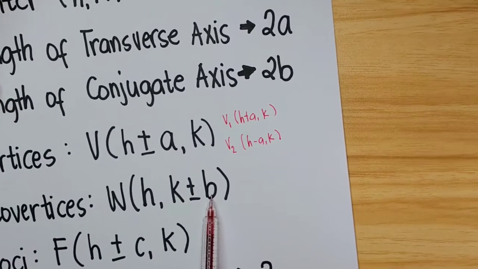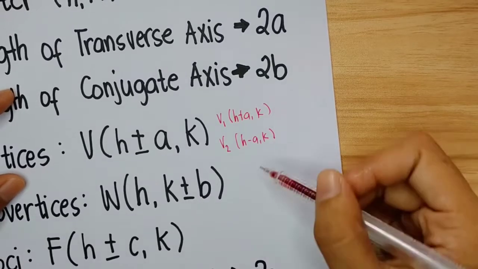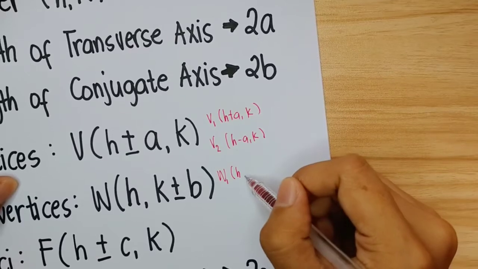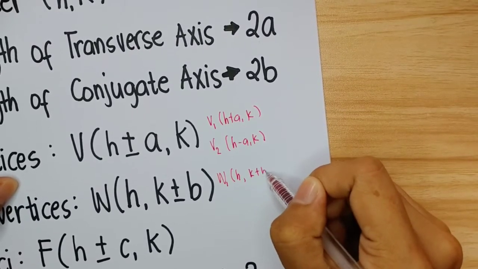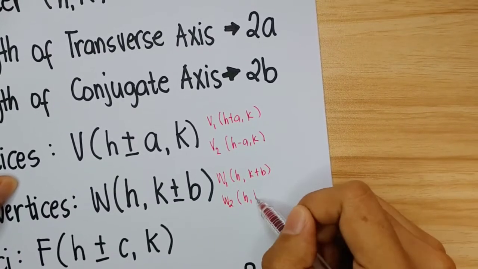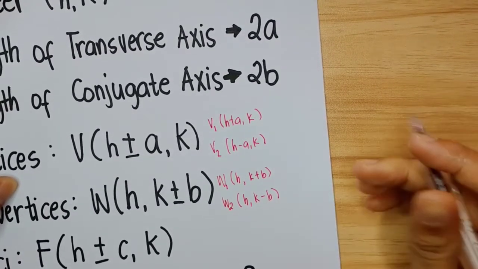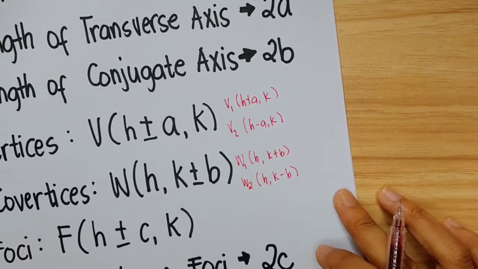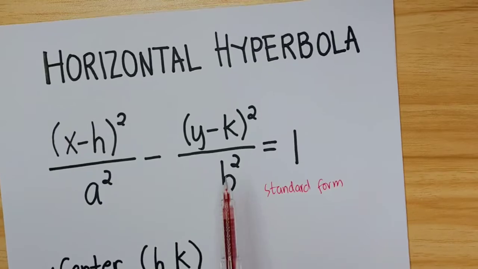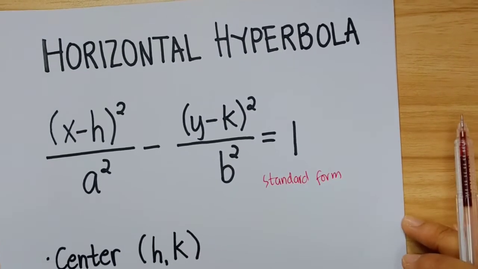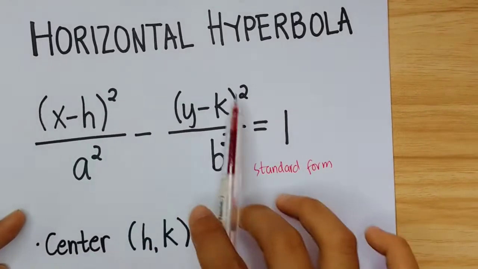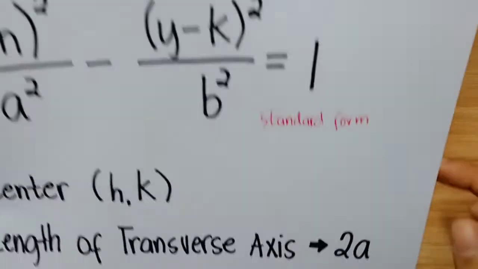So W1 is (h, k plus b) and W2 is (h, k minus b). If the standard form is given, we can derive the center, vertices, and co-vertices.